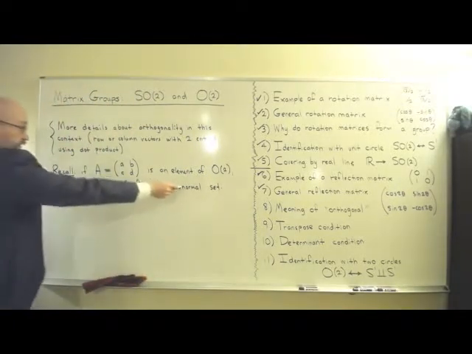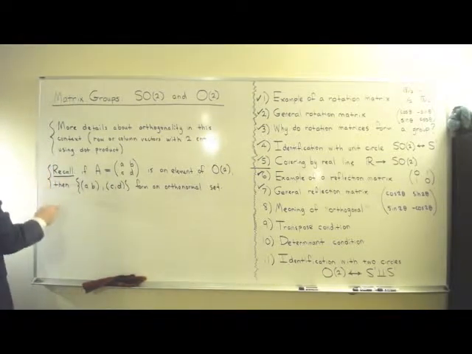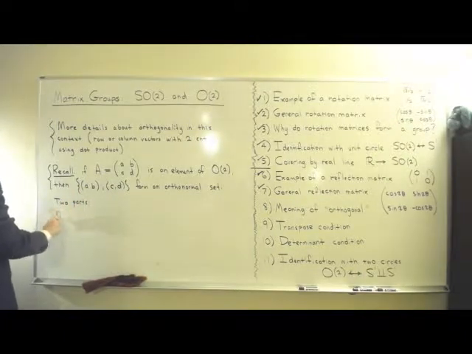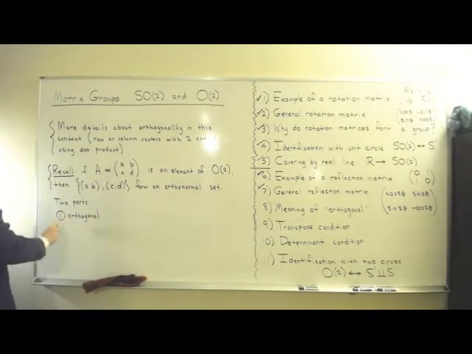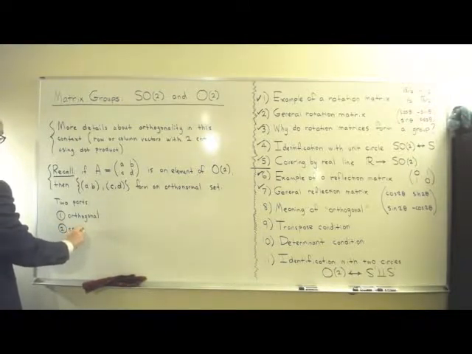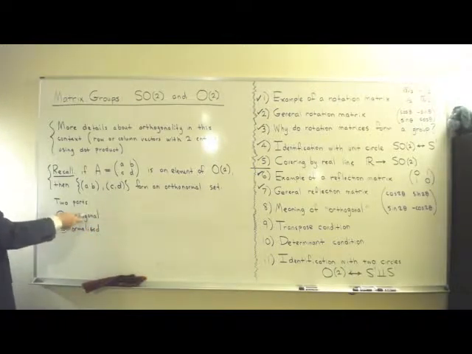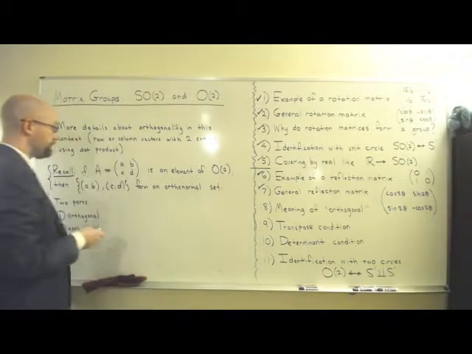Now I've told you what orthogonal means. I haven't told you the normal part. So there's really two parts to this. One is that they're orthogonal, and the other part is that they're normalized. So we saw what orthogonal meant, both geometrically and algebraically.